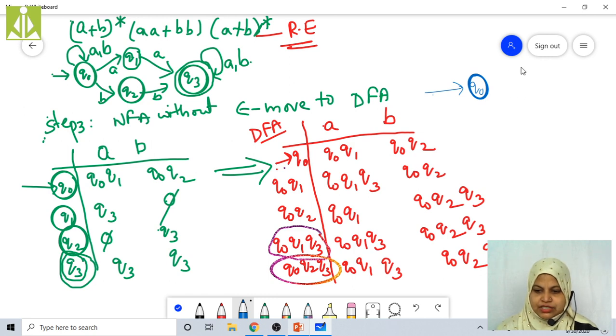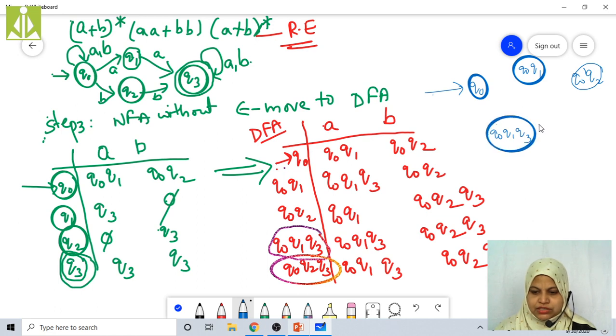Next is Q0, Q1, then Q0, Q2. Next is Q0, Q1, Q3. This is a final state, so we use the double circle. Next is Q0, Q2, Q3. This is also a final state, so we use the double circle.